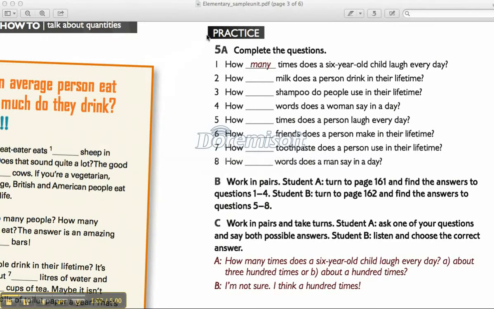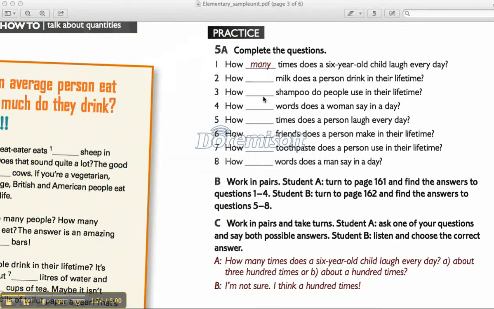In this example, we can see accuracy practice because the learner is required to complete the sentence with the word many or much.